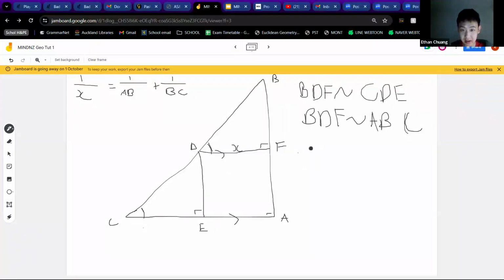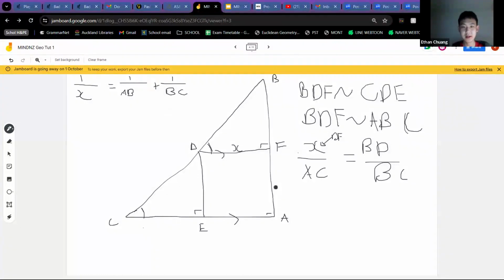So we have X over AC equals, say, BD over BC, right? Because this is DF. From BDF is similar to ABC, right? Everyone following that kind of?